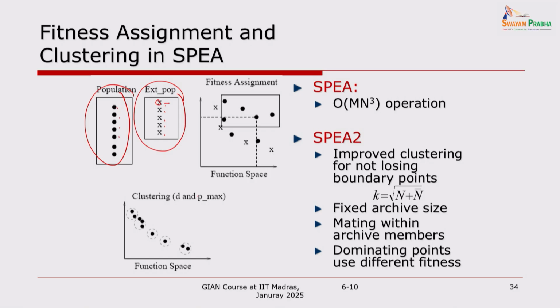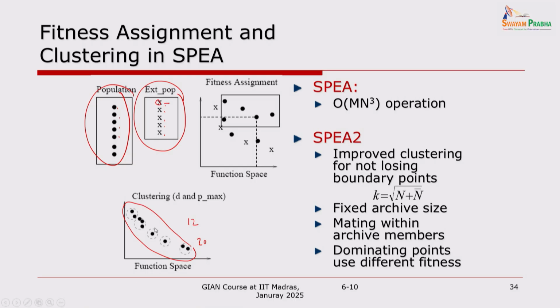And then there is a way to select some of these solutions, which they call clustering. So when you have, let's say, 20 points you have created and you have a slot for only 12, because 12 is your population size, you need to drop 8.